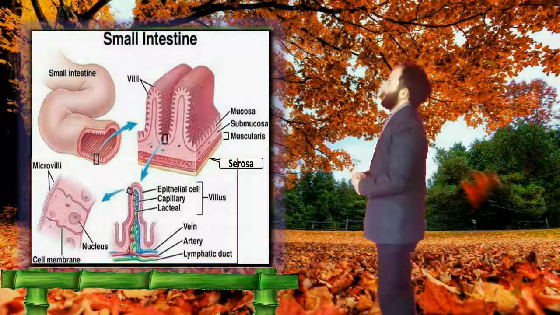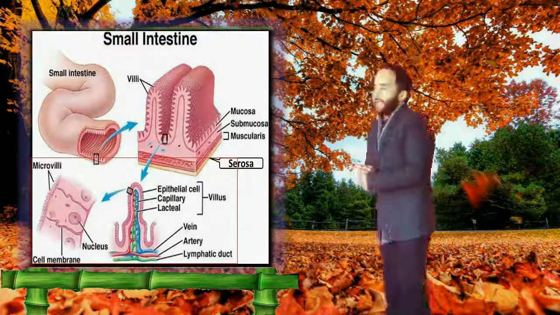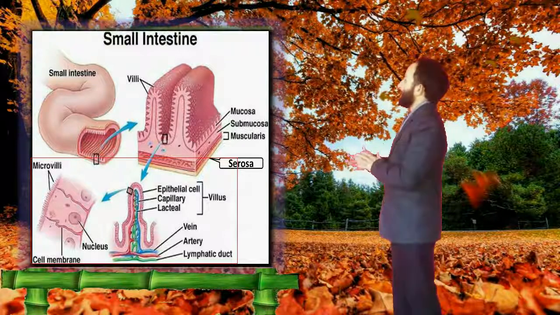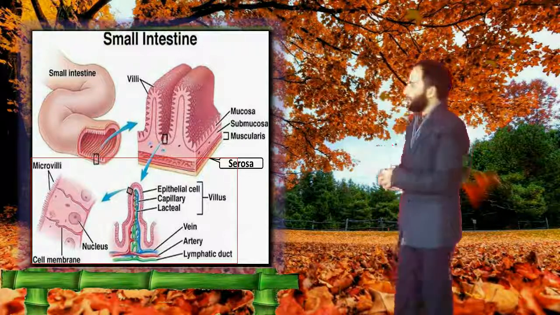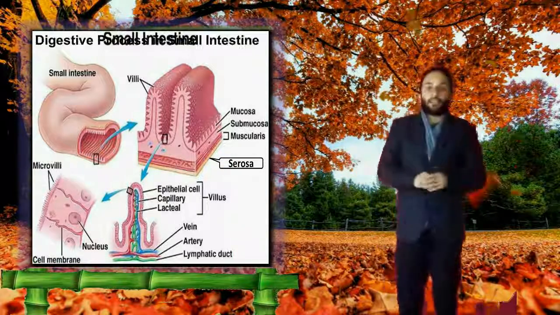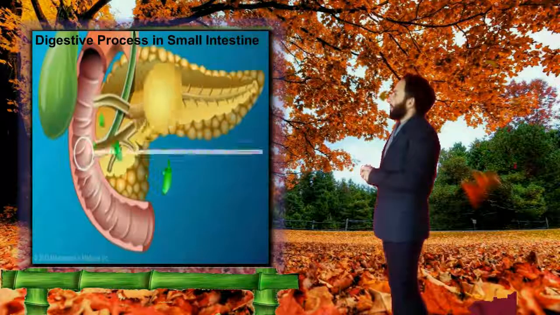Internally, each villus is made up of blood capillaries and lacteals and provides a large surface area for absorption of food.